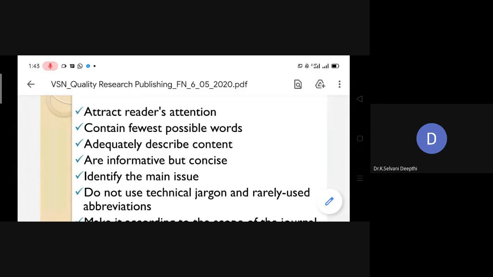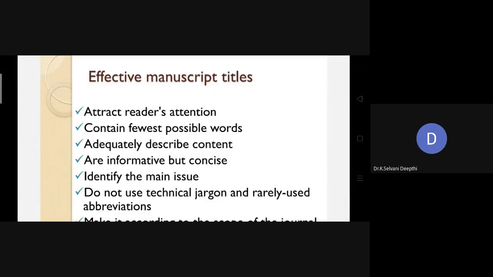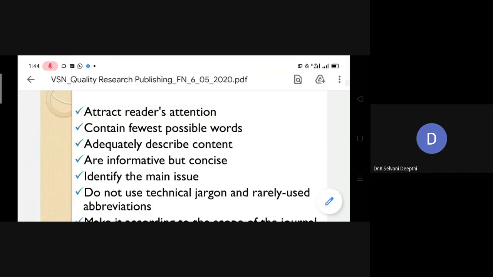The next thing is, it should be informative but concise. It should be short enough. Identify the main issue. What is the issue for us? VANET secure communication. That should reflect in the title.